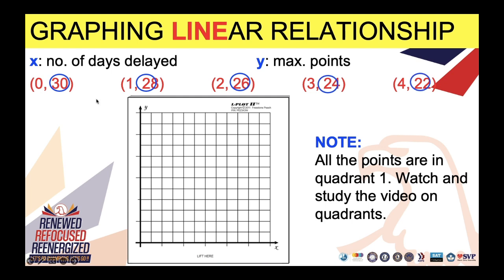Now for the y-axis, if you try to look at it, for your y coordinates, it's 30, 28, 26, 24, 22. So 30 is a bit far. It's far from 0. So since all of them are divisible by 2, then you can have an interval of 2, depending on how your graphing paper can accommodate it.